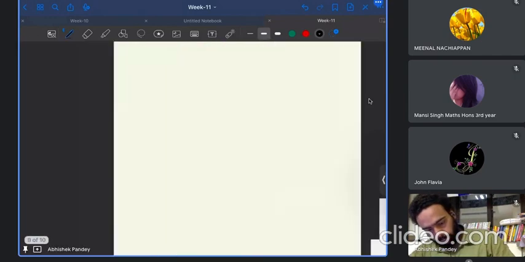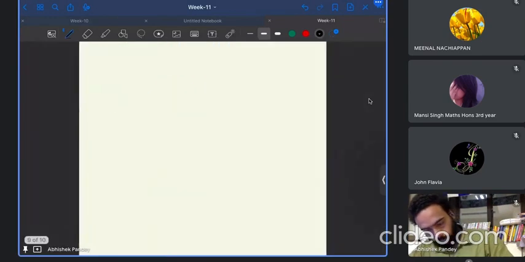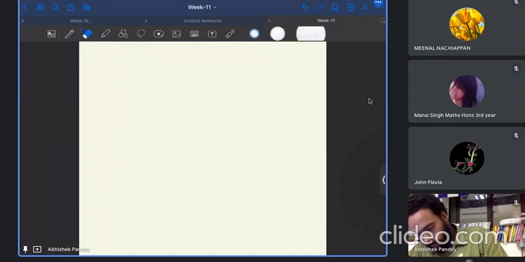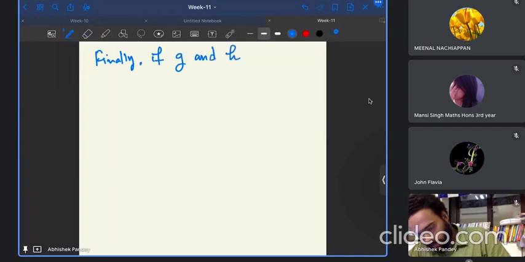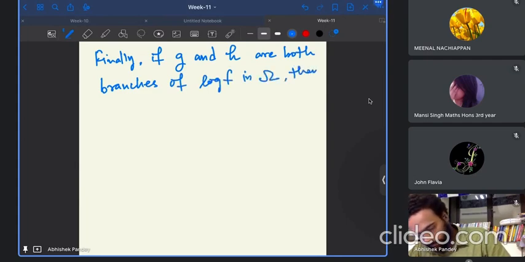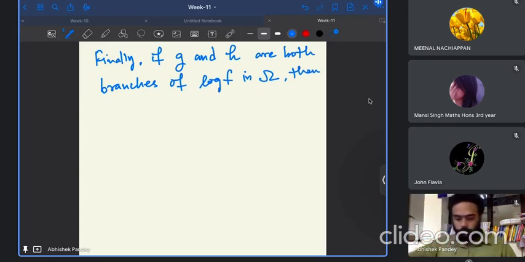So if G and H are both branches of log f in omega, then what does it mean?